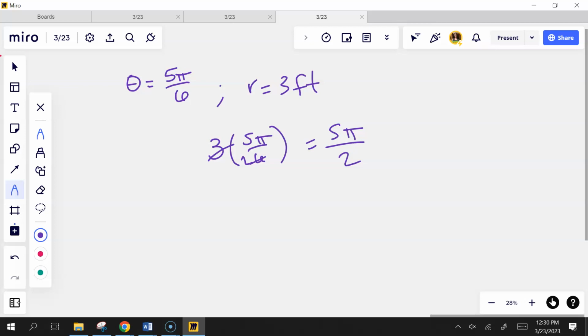Because you get 15 over 6, they have a common number of 3. 15 divided by 3 is 5. 6 divided by 3 is 2. So we're gonna make 15 over 6 and then simplify. I just simplify as I go, so I don't have so much work to do. That's okay. You don't have to. Well, 3 divided by 6 simplifies as 1 over 2.